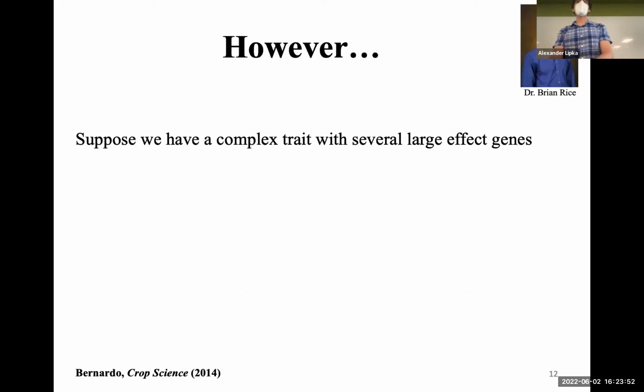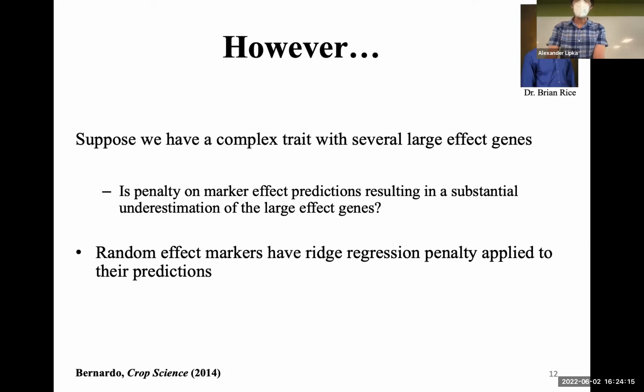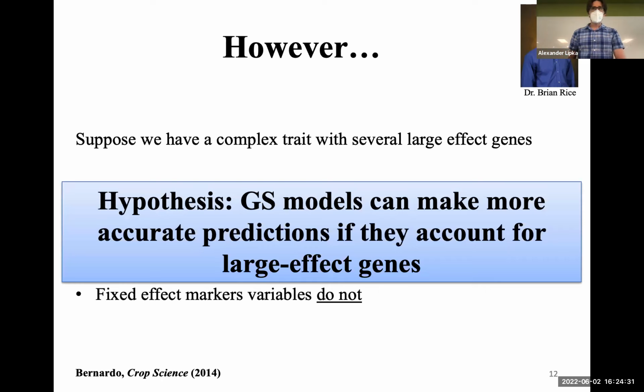I just stole Brian's thunder. So here's a picture of Dr. Rice back when he was a master's student. Let's suppose we had a complex trait with several large effects. Is this penalty I just mentioned substantially underpredicting these large effect genes? Random effect markers that have this ridge penalty applied to their predictions have that penalty, but fixed effect markers included in the model do not. Brian's hypothesis was that GS models can make more accurate predictions if they account for large effect genes.